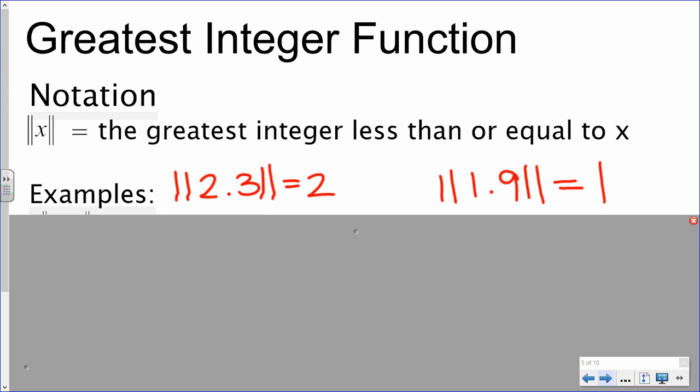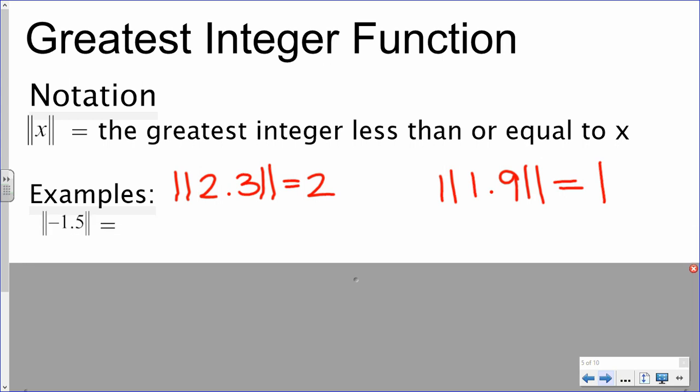It's actually 1, which feels awkward because we're used to the rounding rules, right? We're always going to round down, even if this is 2.999999999. The greatest integer that is less than 1.9 is 1. Make you think again. What about -1.5? If we're rounding down, the direction down, we would go to -2.